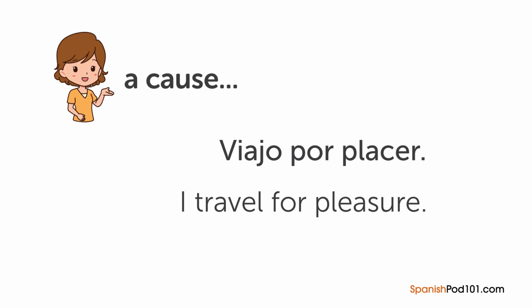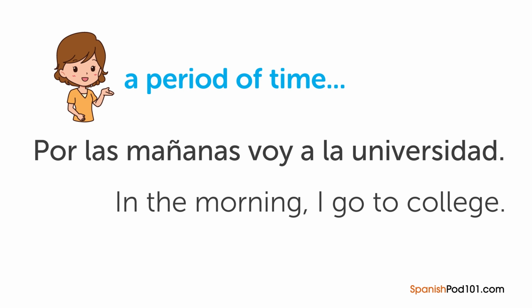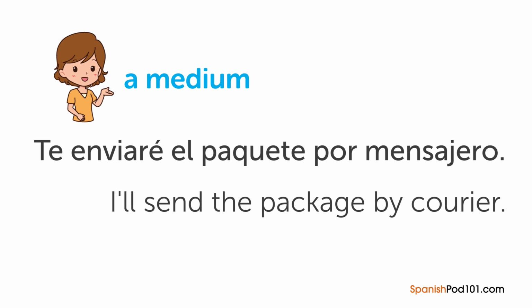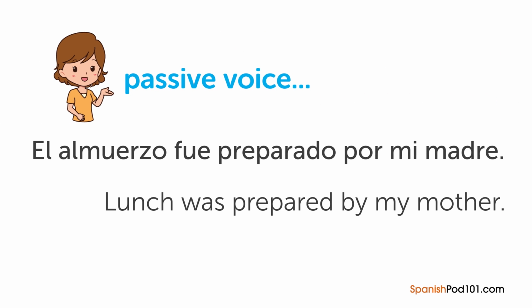Por is frequently used to express a cause, such as viajo por placer, meaning I travel for pleasure; a place, such as camino por la calle, meaning I walk down the street; a period of time, por las mañanas voy a la universidad, in the morning I go to college; a medium, te enviaré el paquete por mensajero, I'll send the package by courier; a substitution or equivalence, haré los deberes por ti, I will do the tasks for you; and passive voice, el almuerzo fue preparado por mi madre, lunch was prepared by my mother.